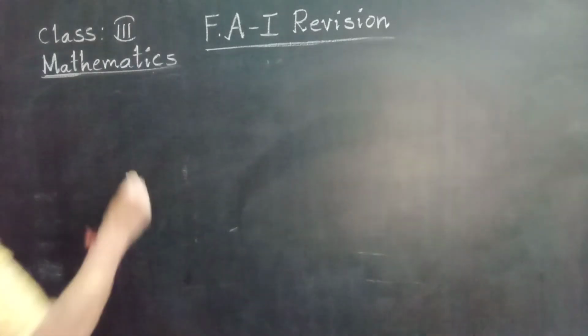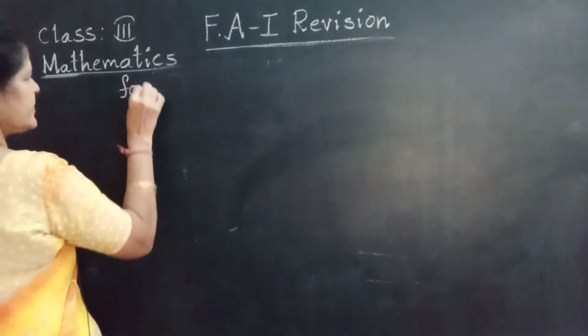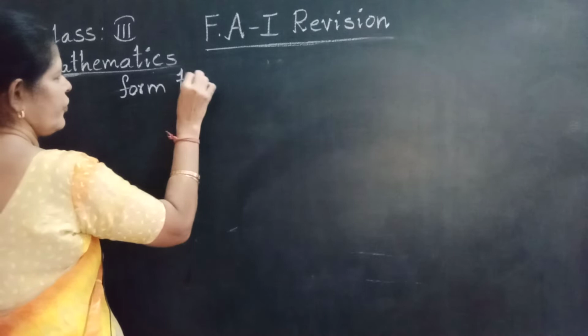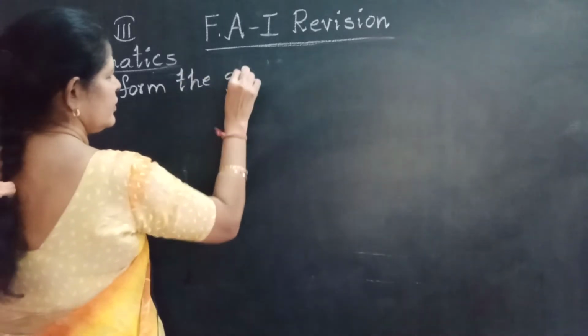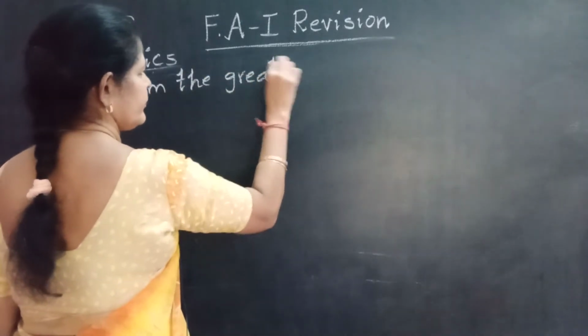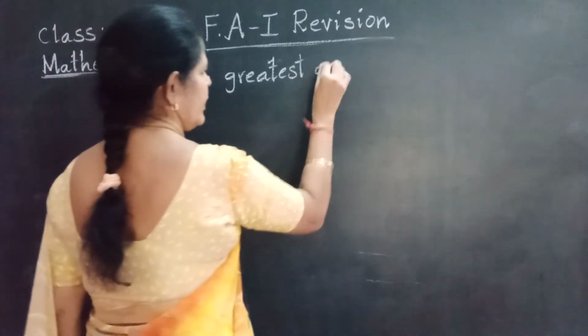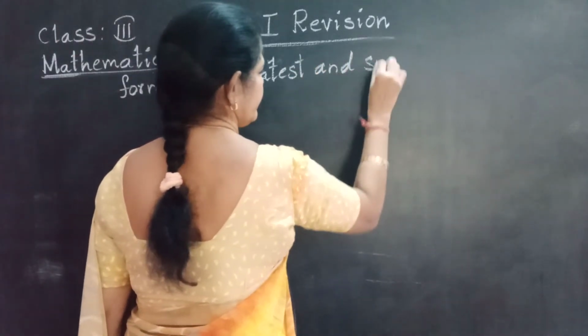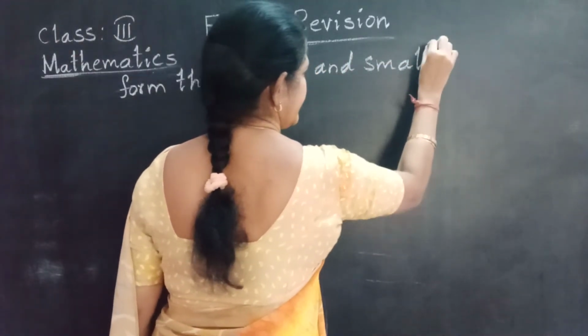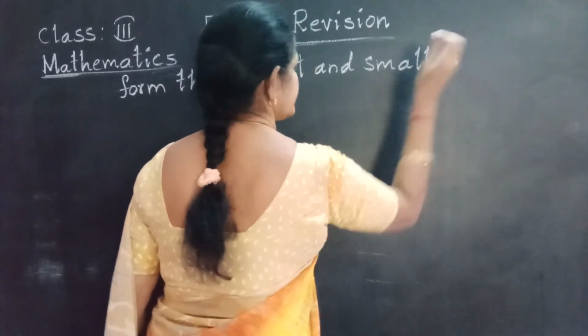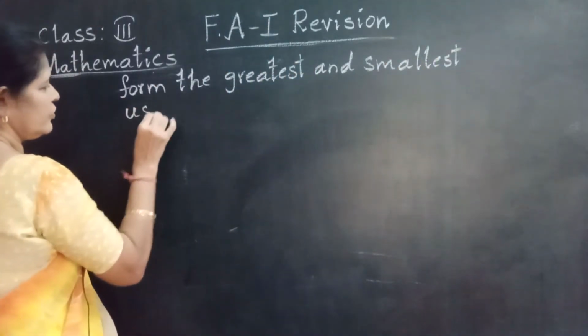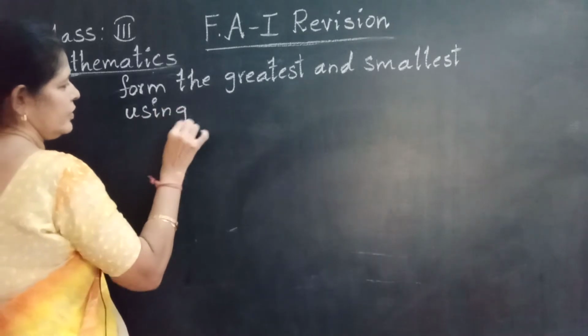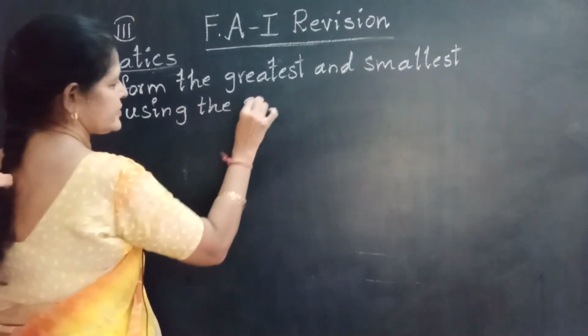Form the greatest number and the smallest number using the given digits.